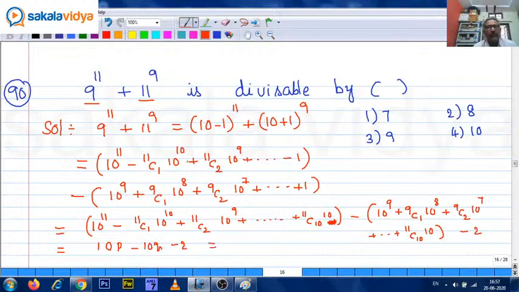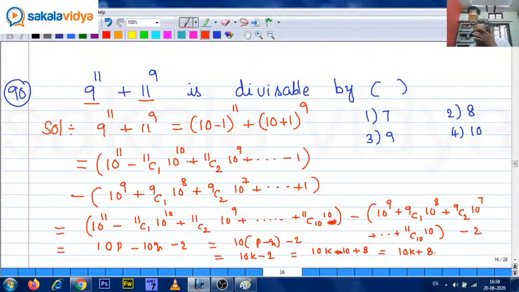This will be again 10 common, 10 of (p minus q) minus 2. Say p minus q is equal to k, 10k minus 2. So now you do one thing, 10k plus 10 write down, and minus 10 write down, and 10 minus 2 is 8. This will be 10 common, once again 10k plus 8 you will get.